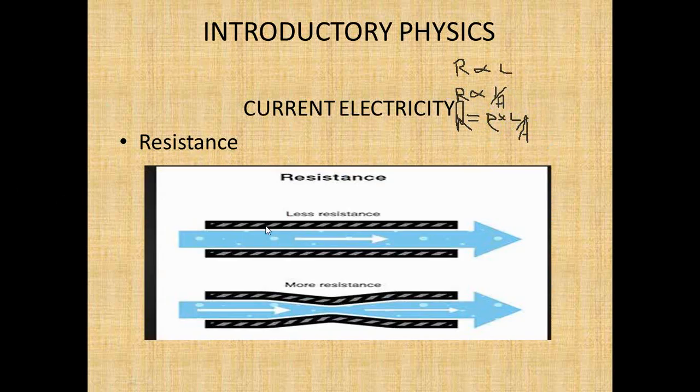All right. Again, if this was water flowing through a tube and you have a narrow segment here, this narrow segment is going to offer more resistance to the flow of water than the wider segment. Similarly, if you have a wire and there's a reduction in the cross-sectional area, the wire has less cross-sectional area here, the resistance is going to be greater, because the smaller the area, the greater the resistance, okay?